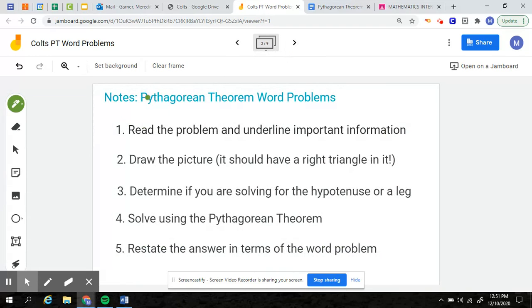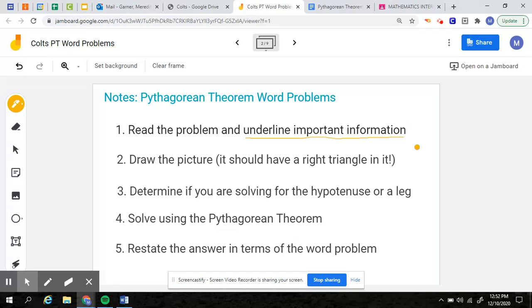Moving on, for our notes for word problems, these word problems are going to mirror real life situations where you might use the Pythagorean theorem to answer some question. So the first thing we're going to want to do is read the problem, and we're going to underline important information. So just like in your English classes, when you annotate the text, with these word problems, we also want you to underline. In our case, with math, that usually means the numbers.